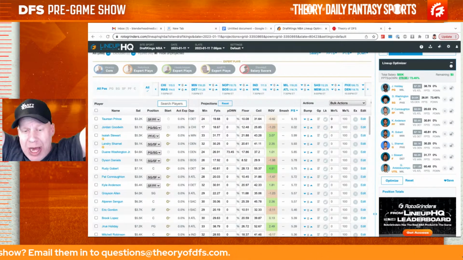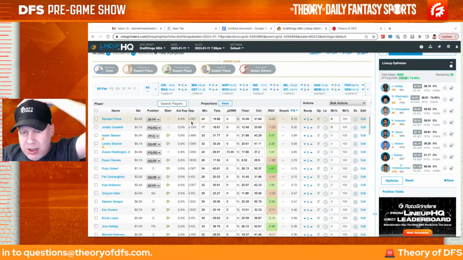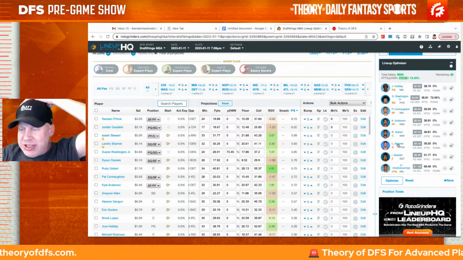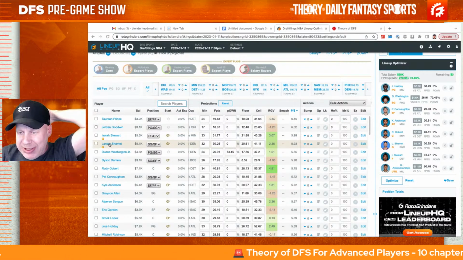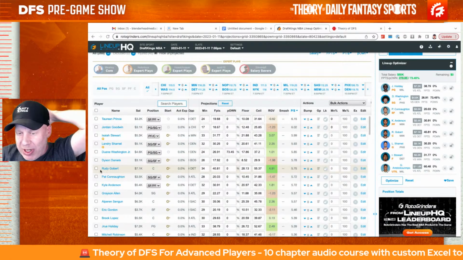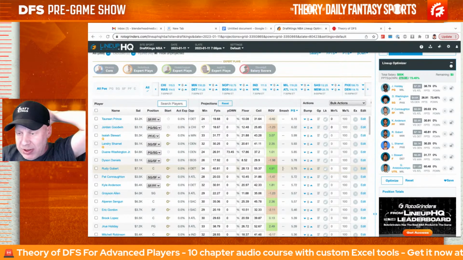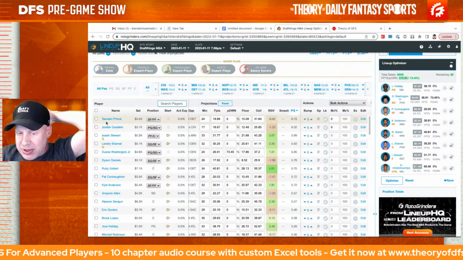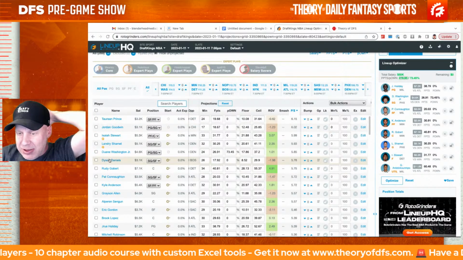Well, how do we know? Why is Stewart fitting in this lineup? Why is Shamet fitting in this lineup? Why is Washington fitting in this lineup? And why is Gobert fitting in this lineup, but not Taurean Prince, but not Dyson Daniels?